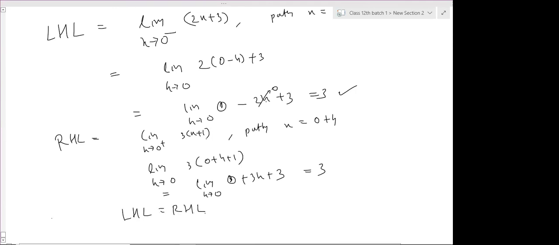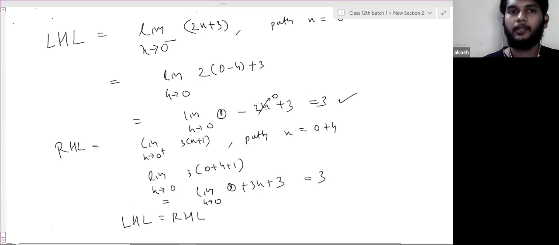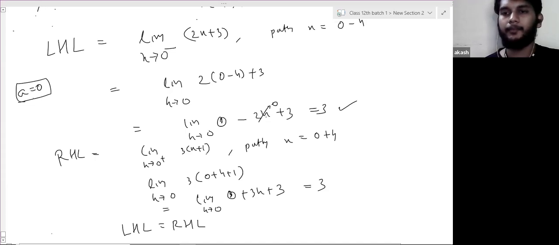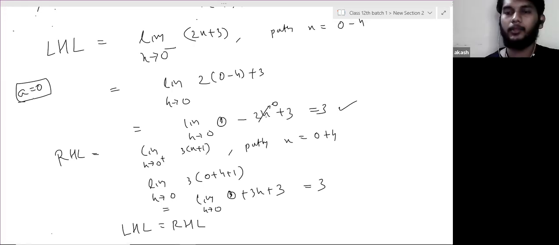So we should substitute 1 plus h, right? No, we are finding at x equals to 0, right? Limit at 0. So here a is 0, right? Okay, sir. So you have to substitute with the value at which we are finding the limit. All right. If you are finding at 3, then 3 plus h. Why are we doing this? Suppose we are finding the limit at 3.